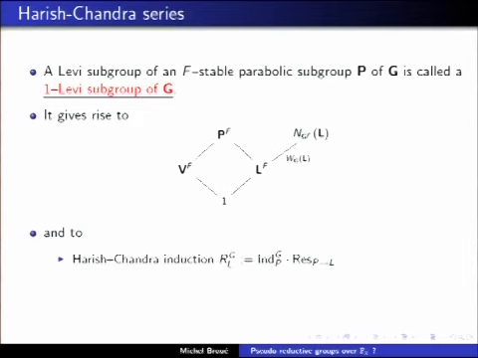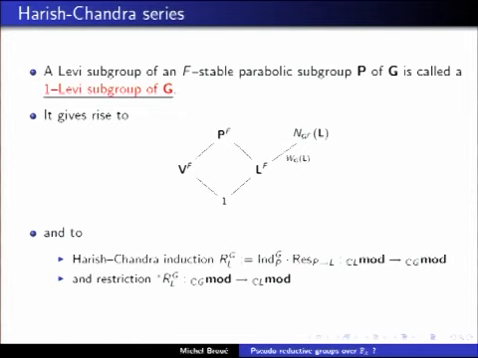And the adjoint functor, as I'm working in the semisimple case, is the Harish-Chandra restriction, and the Harish-Chandra restriction consists in taking a G-module and taking the fixed points by V_P, and you get an L-module. All right, well known. And one of the properties is that this construction does not depend on the choice of P. Of course, for a given L, we have several P's, but this functor doesn't depend, in the natural sense, on the choice of P.